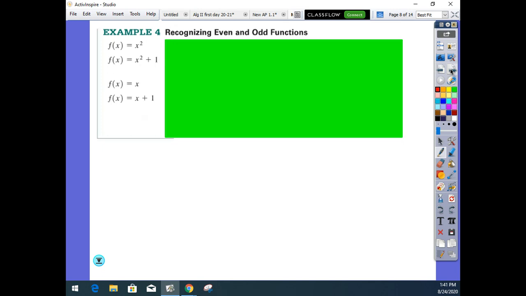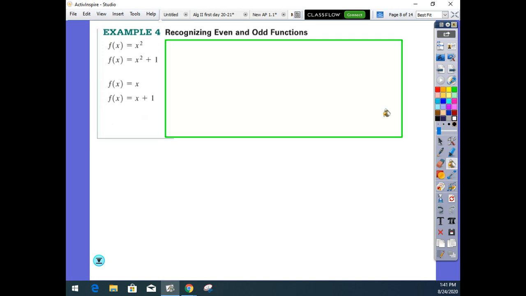So how do we actually determine if something is even or odd algebraically? In order to prove even and odd, you must plug a negative x in. We just talked about this, but when you square a negative, the negative goes away.